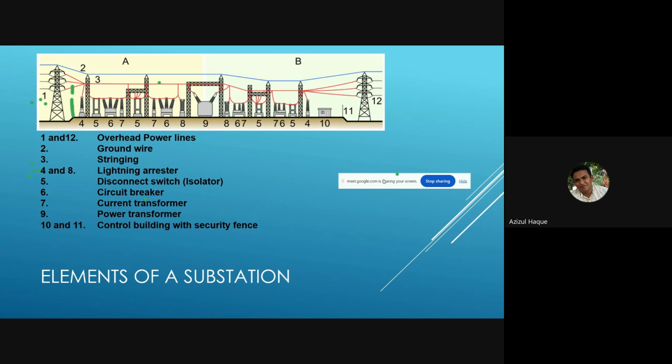They study the system, evaluate the criteria of the substation, decide at which voltage level it has to be constructed, and accordingly the design of the substation is done. So I think go back one or two slides.